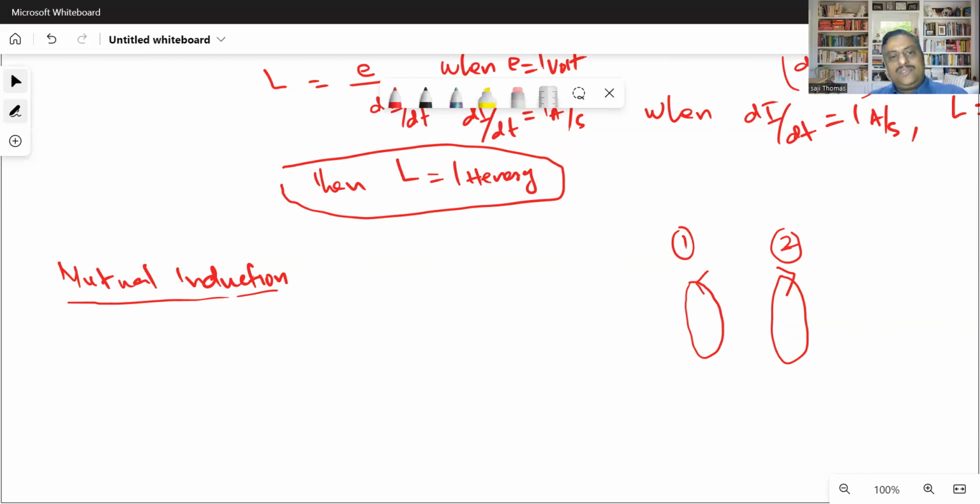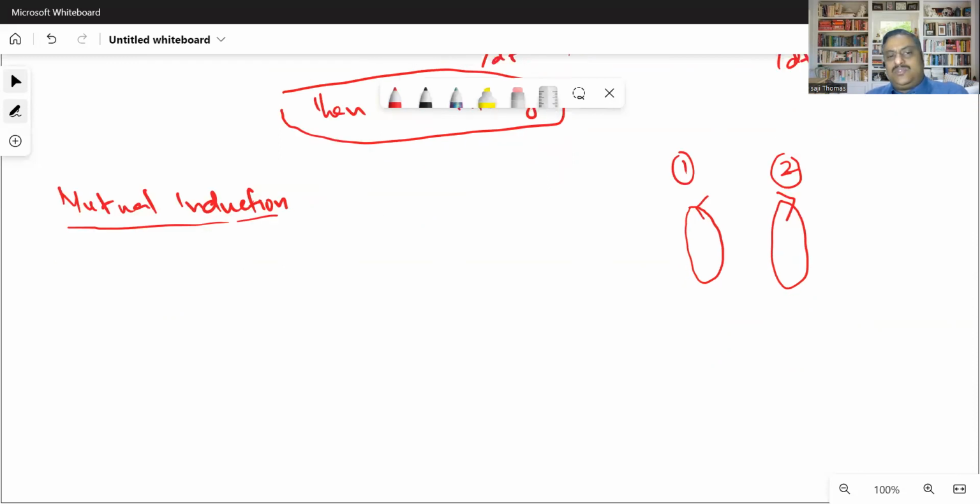So we can write: the magnetic flux linked with the second coil, φ2, is proportional to the current through the first coil. When current through the first coil is changing, a magnetic flux is developed in the second coil that is proportional to the current in the first coil, right?